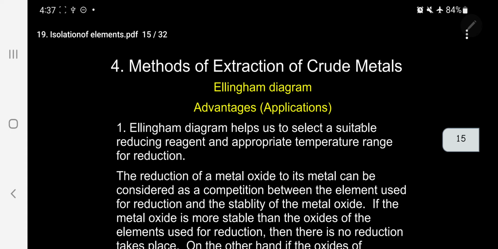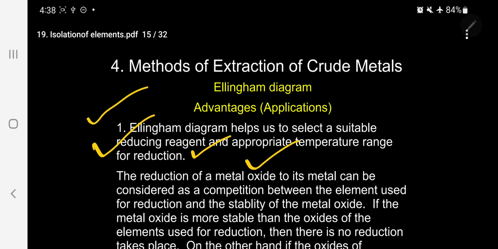Now let me give you an example. The Ellingham diagram helps us to select a suitable reducing agent and the appropriate temperature range for reduction. The reduction of a metal oxide to its metal can be considered as a competition between the elements used for reduction and the stability of the metal oxide formed. If the metal oxide is more stable than the oxide of the element used for reduction, no reduction takes place.